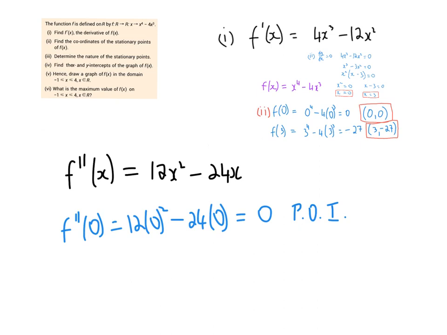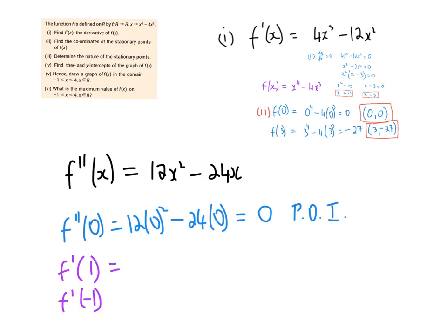So in order to do that, we go back to f prime and we take a value either side of the 0, but making sure that it's between 0 and 3. So we could take 1 or 2, but we want to be as close to the 0 as we can. So we'll take f prime of 1 and we'll take f prime of minus 1.